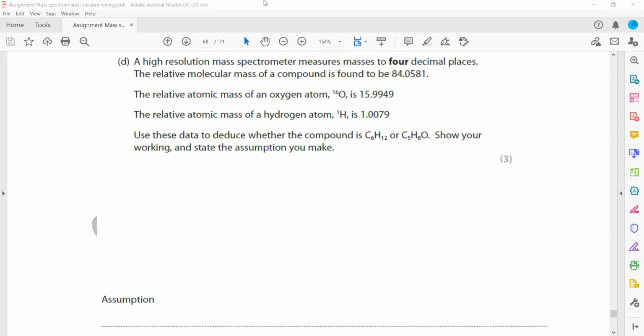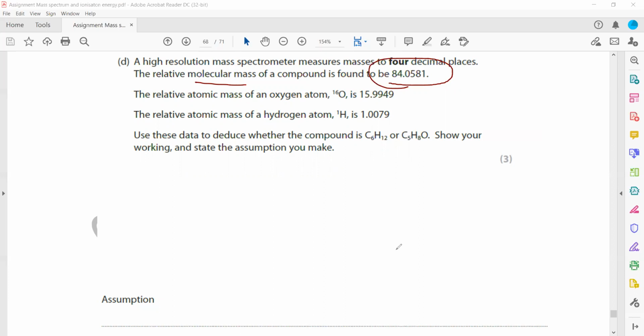A high resolution mass spectrometer measures the masses to 4 decimal places. The relative molecular mass of the compound is found to be 84.0581 grams per mole or atomic mass units. The relative atomic mass of oxygen and hydrogen are given. Use the data to deduce whether the compound is C6H12 or C5H8O and show your working.